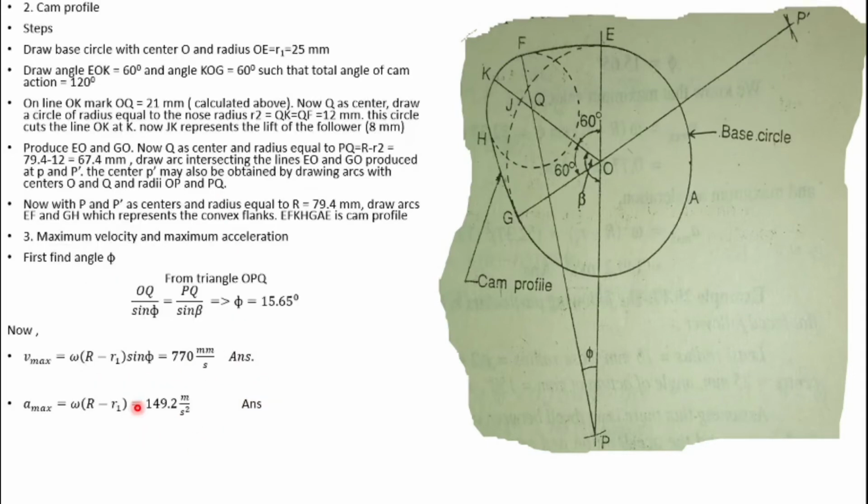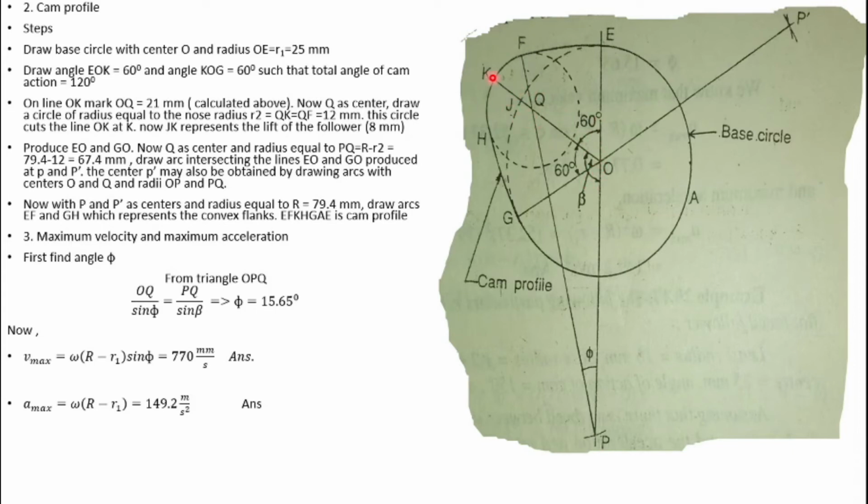Now the cam geometry, that is, the cam profile. For the cam profile, first draw the base circle. This is the base circle, the radius is given as 25 mm. Then in the base circle, locate an angle for the outer stroke, which is 60 degrees of cam, EOK.